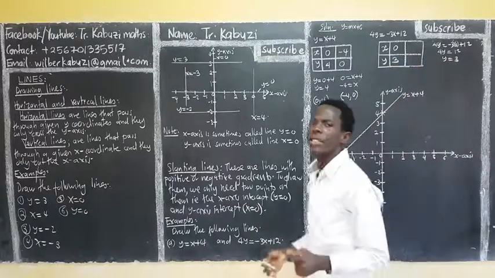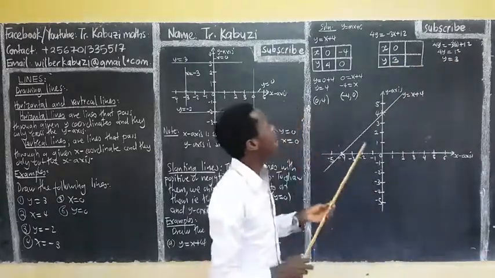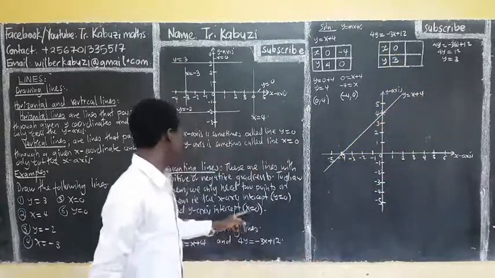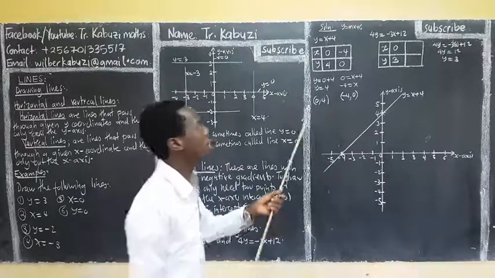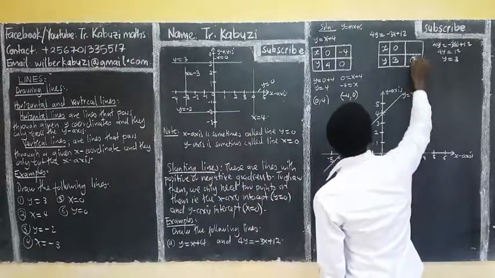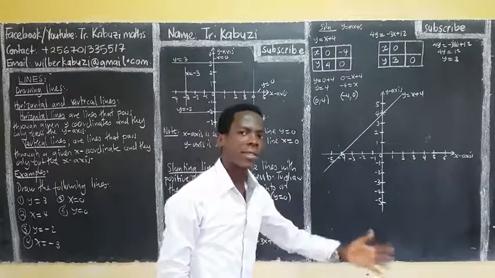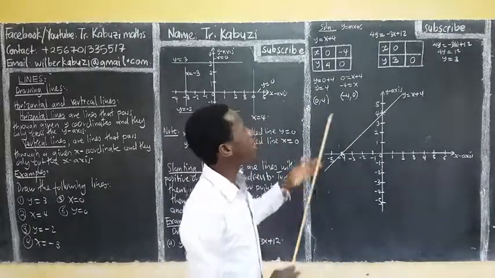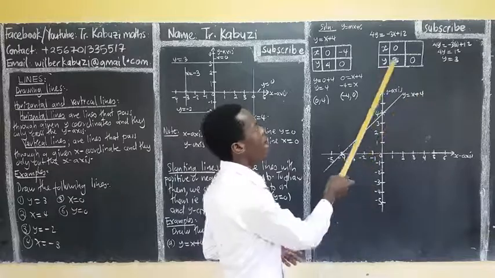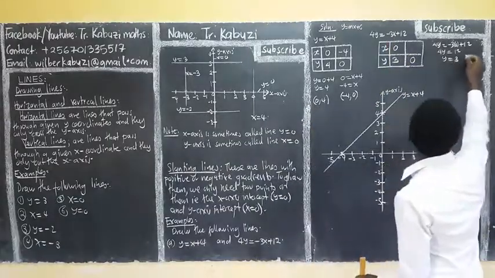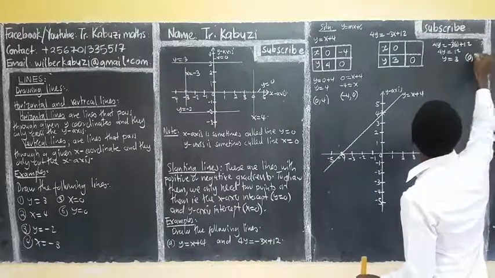This is how we use this table with ease. When x is 0, that is the y-axis intercept. Then we go to the other one, when y is 0. We just test when x is 0 and then when y is 0. So this point will be 0, 3.